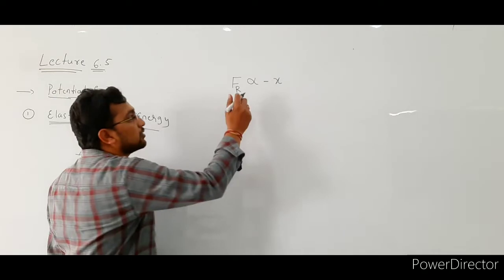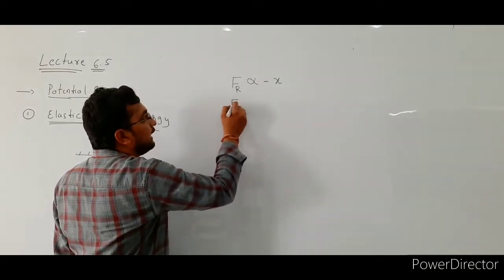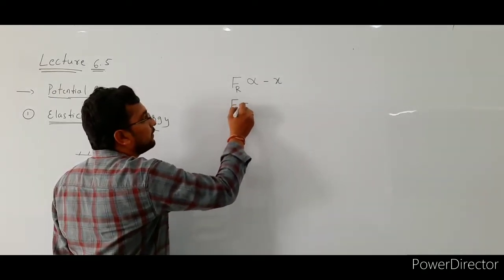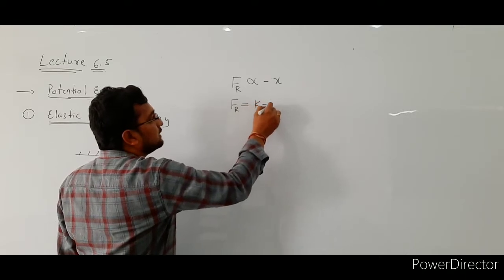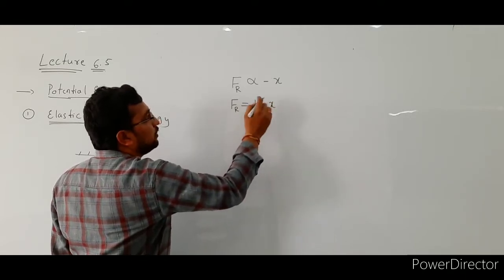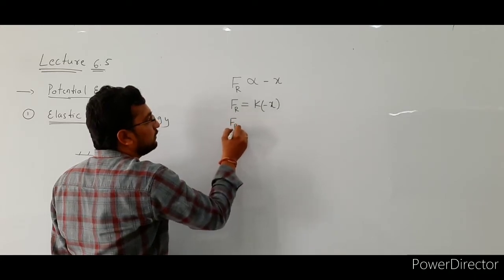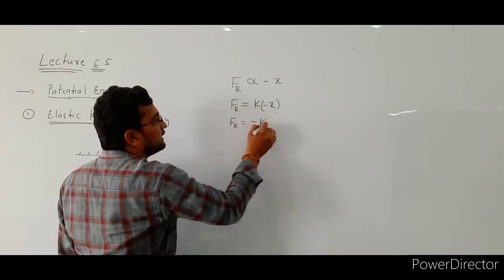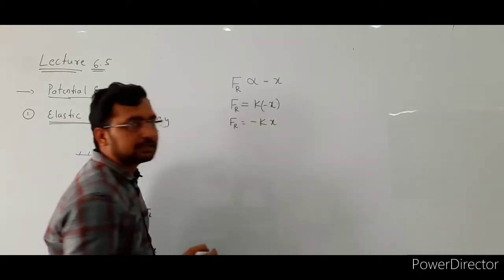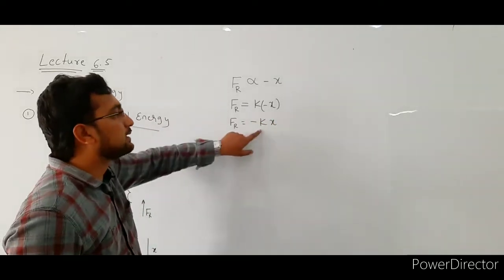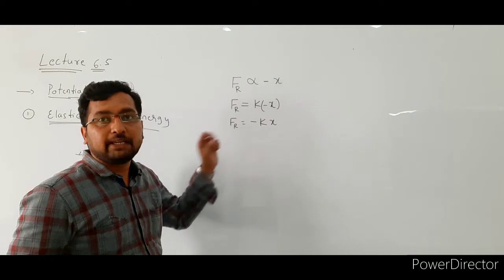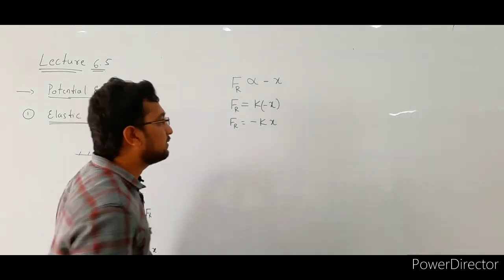To remove this proportionality constant, we use an extra term, that is K, into minus X. So the restoring force is equal to minus K into X. In this case, K indicates the spring constant.